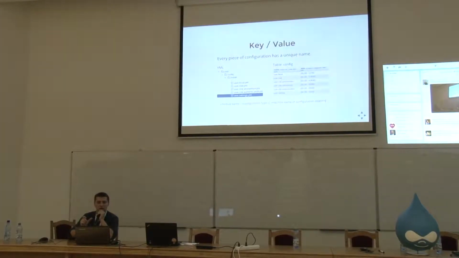So it's really important to name your settings in a unique way. You can see the pattern above: you have the module name, you have the configuration type, and in some cases, as you will see later, also a machine name of the configuration object.